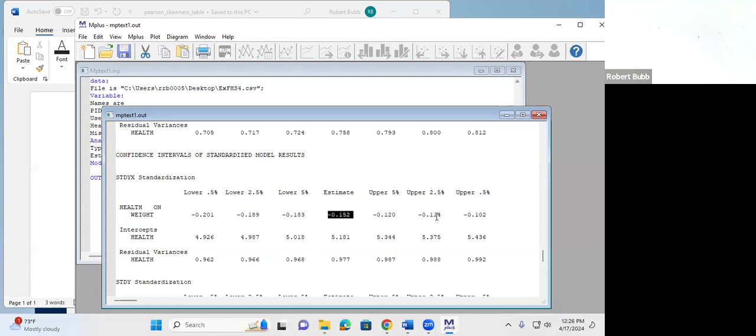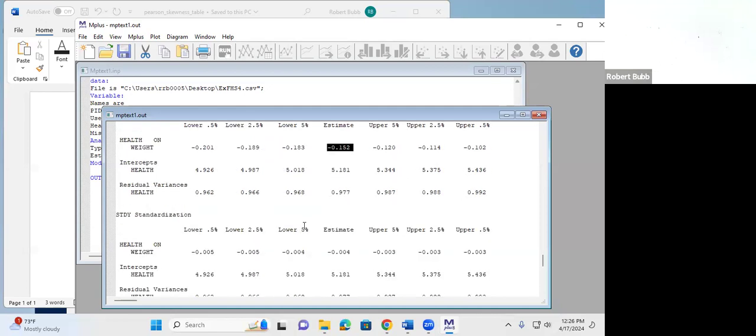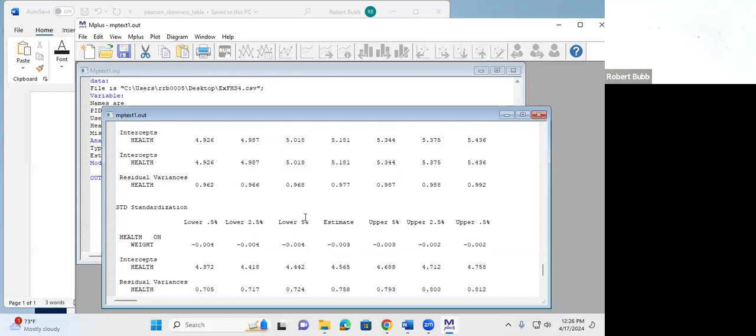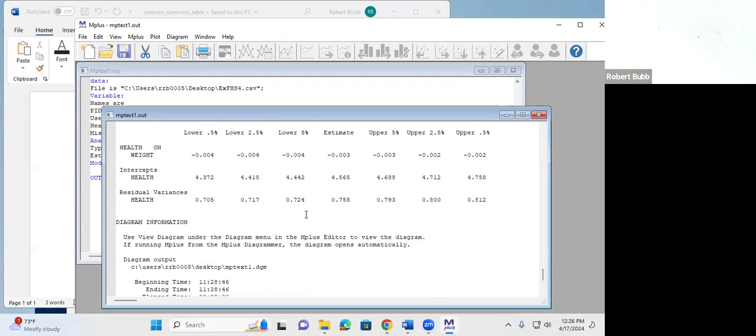It works the same way, just now we're talking about standardized values, in other words, Z-scores. And then you don't need to worry about standardization just on Y or standardization on latent variables.